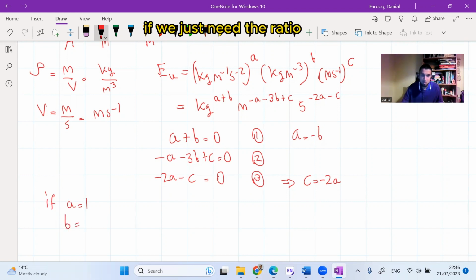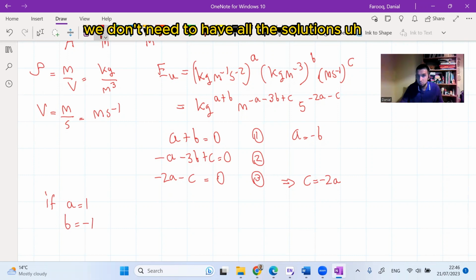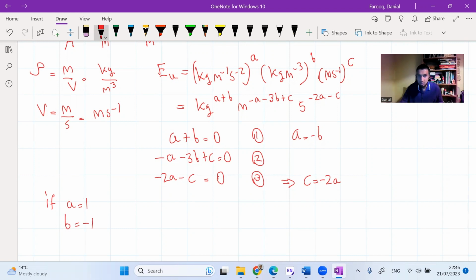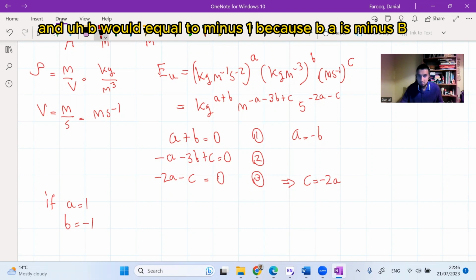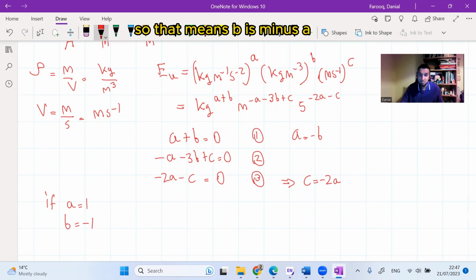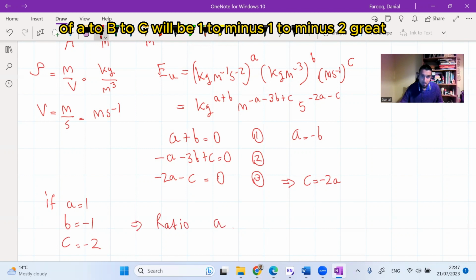And we just need the ratio, we don't need to have all the solutions. B would equal to -1 because A is minus B, so that means B is minus A. And C equals to minus 2A, so C would equal to -2. So then the ratio of A to B to C will be 1 to -1 to -2. Great.